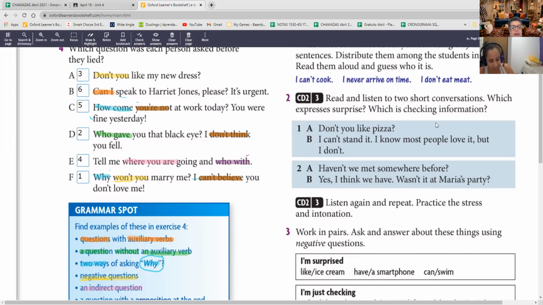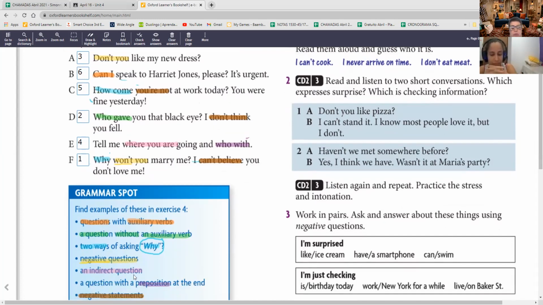Okay, so here we saw two examples with negative questions. The next kind of question that we have is the indirect question. Here I put them in pink, to differentiate. Example: tell me where you are going and who with. Why is it indirect?